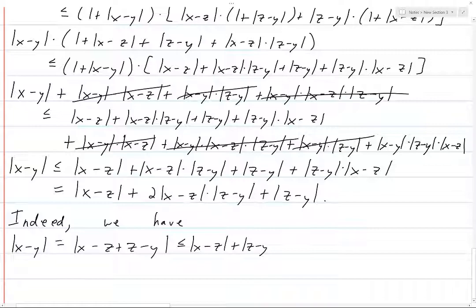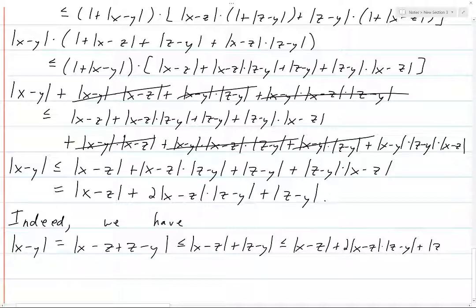And now, if we add this 2 times x minus z times z minus y, that's only going to make things bigger. So this is obviously going to be less than or equal to this, x minus z plus 2 times x minus z times z minus y plus z minus y. Hence, d5 is a metric, because this confirms that d5 satisfies the triangle inequality.